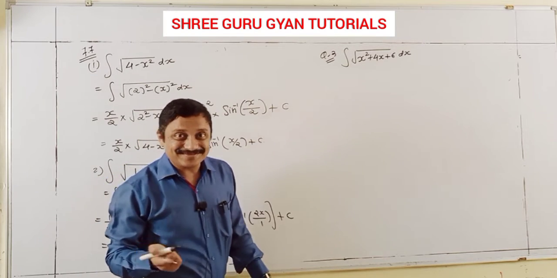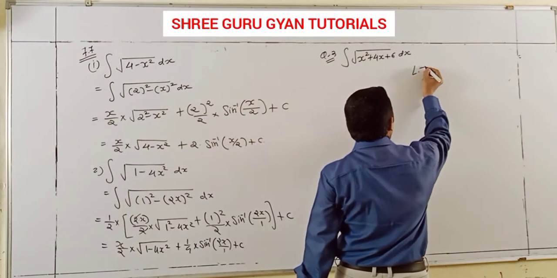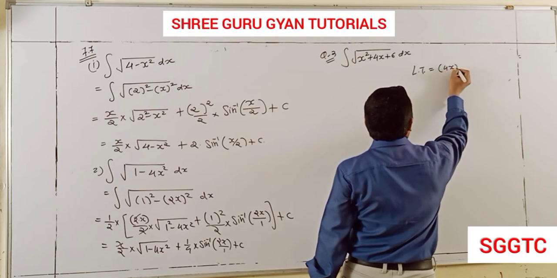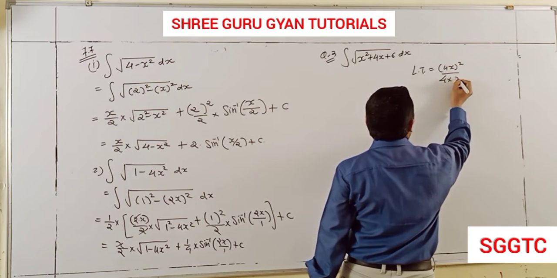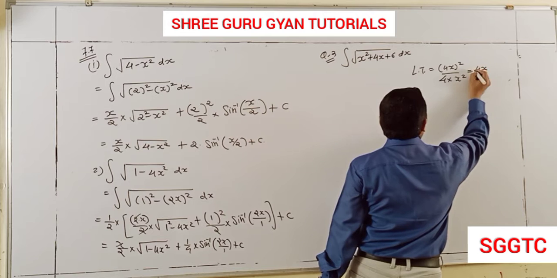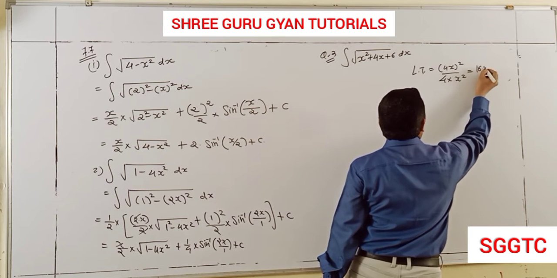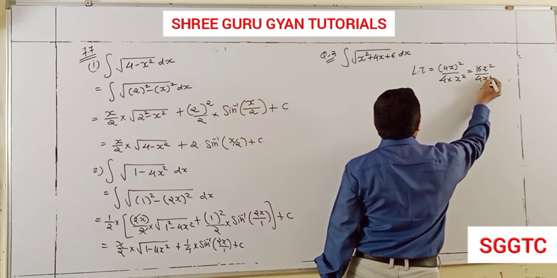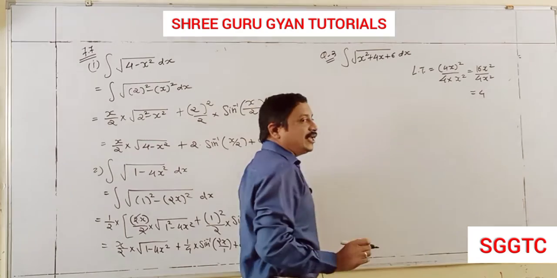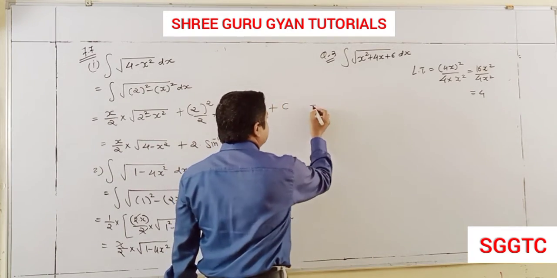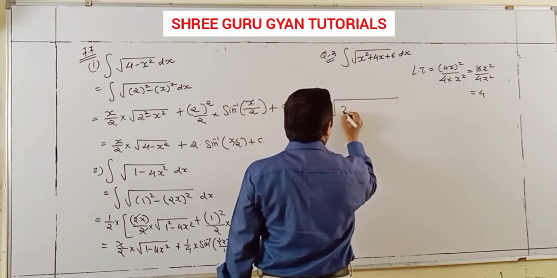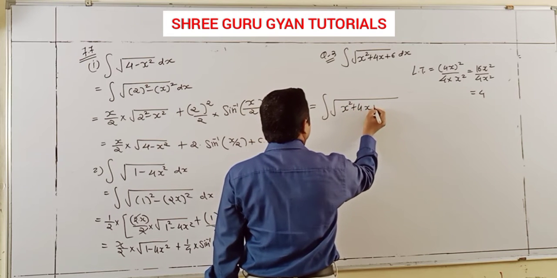So last term: midterm square, 4 into x square, so 16x square by 4x square. It is only 4. So my data is clearly x square plus 4x plus 4.